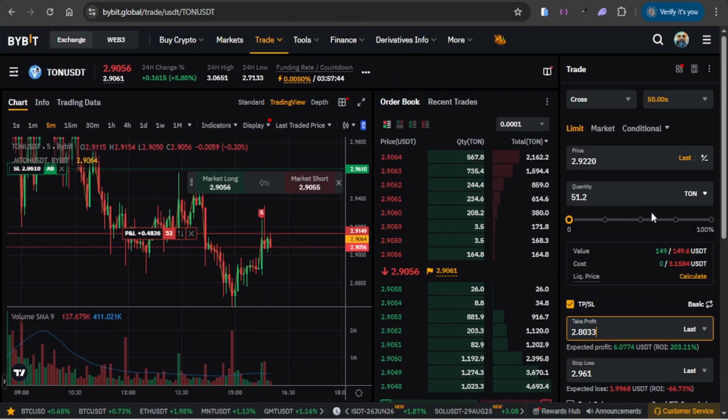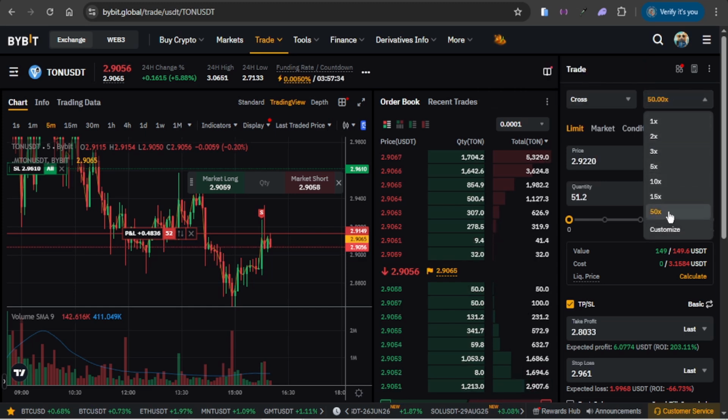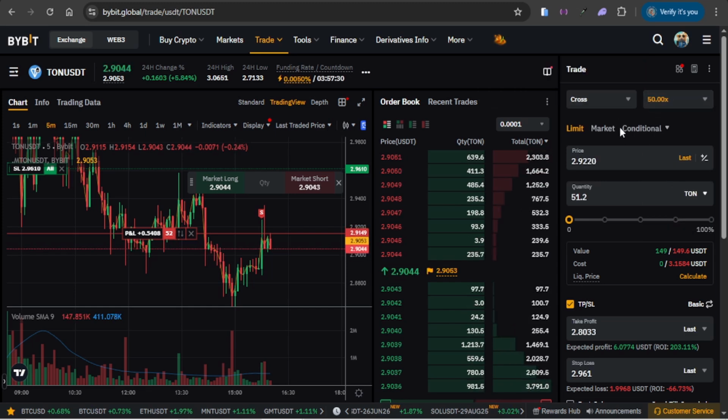Now, after you have done this, you should choose your margin as cross margin, and you max out your leverage. Make sure you max out your leverage when you are trying to perform this position sizing in crypto perpetual trading.